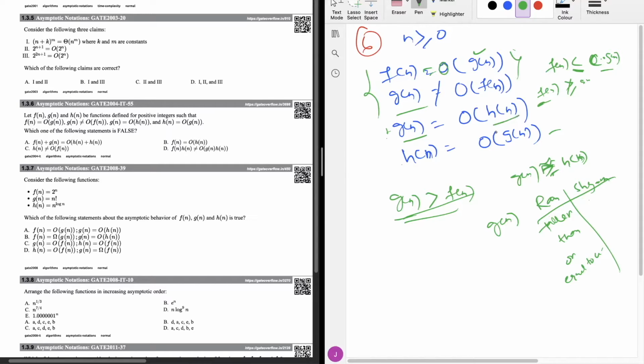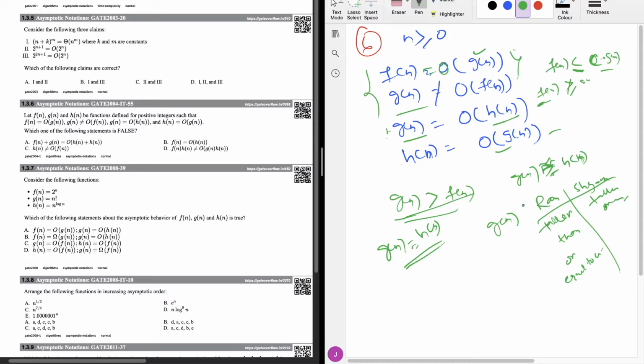And Sam is also saying, I am taller than or equal to you. That means neither is taller than the other, both are equal, right? So from this we get that g(n) and h(n) are asymptotically equal, right?